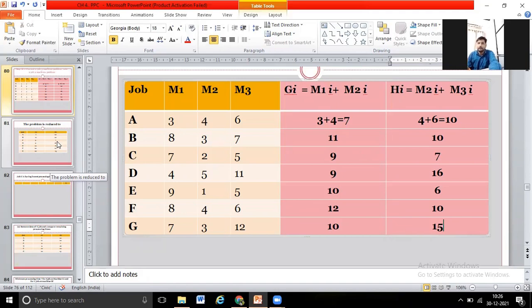Can I move ahead to the next slide? I've written all the things. Easy calculations, but we need to remember these things.